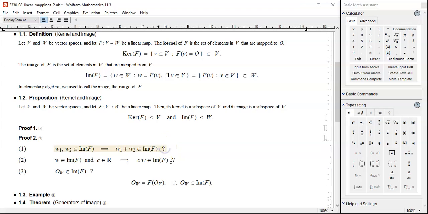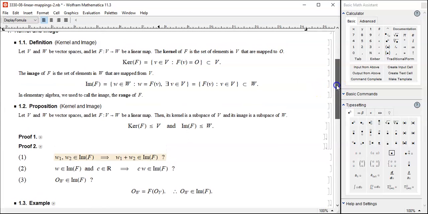Now, how about these two? Let's prove these, but before that, let's make some observation. You see, image of f is a subset of W, so an arbitrary element of image is of course in W, but as a matter of fact, if you go back to the definition of this image, an arbitrary element of image actually looks like this, f of v.